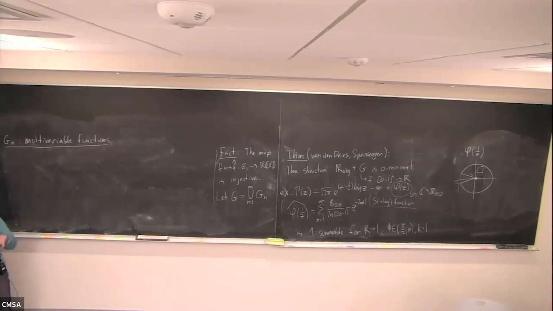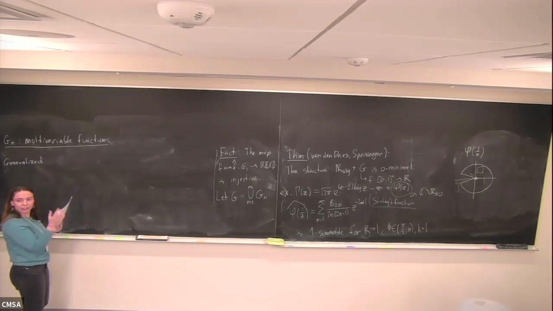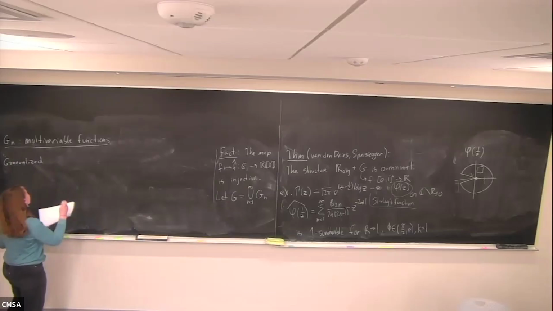But then I'll tell you that they're equivalent. I won't show you that they're equivalent because that actually takes some work to show, but I'll give a definition that is equivalent and which generalizes more easily to a multivariable setup. So in one variable, the functions in G are defined on sectors, or they come from functions that are defined on sectors. But in the higher dimensional case, we don't quite get just products of sectors. It's a little more delicate.